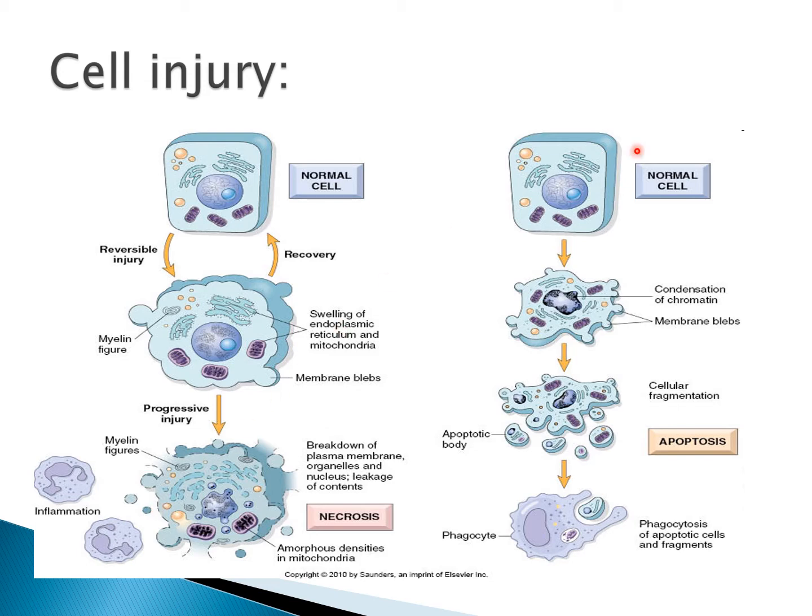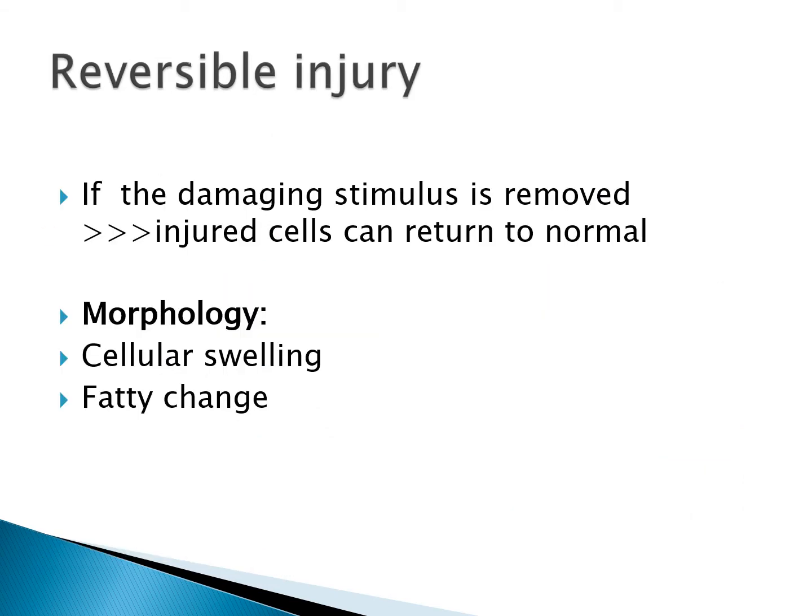The other pathway of cell death is called apoptosis, and we will discuss it later in the next lecture. But you have to know that necrosis and apoptosis are two different patterns of cell death. Necrosis is called the uncontrolled type of cell death, and apoptosis is called the programmed or controlled type of cell death.